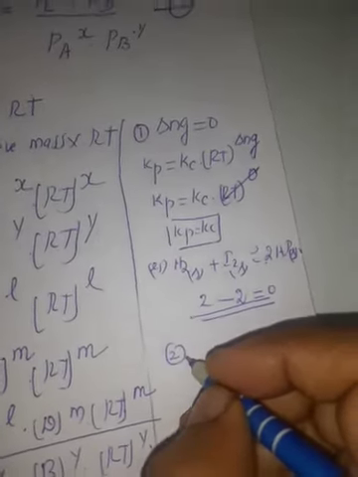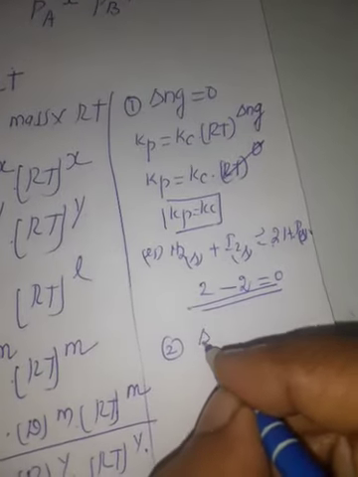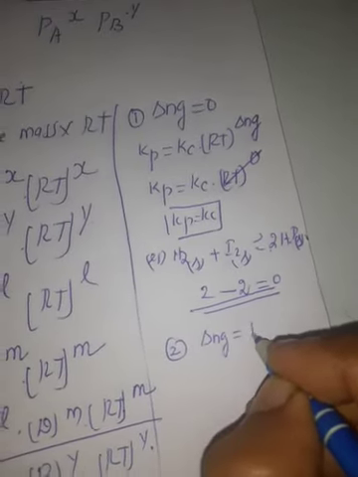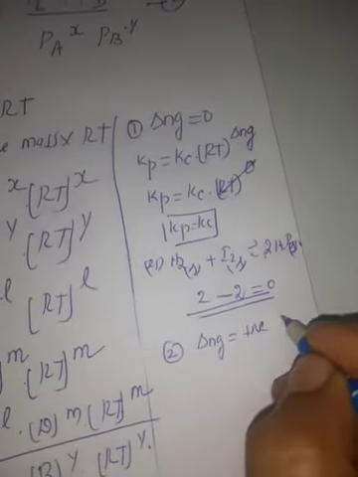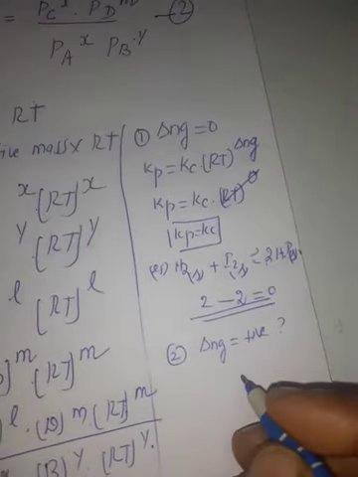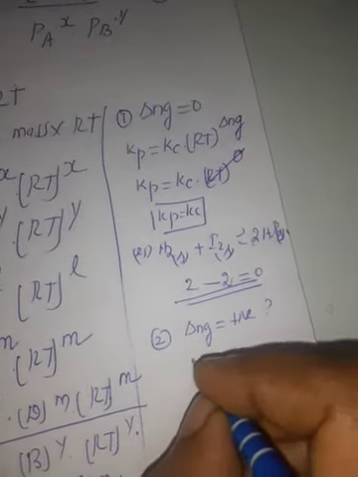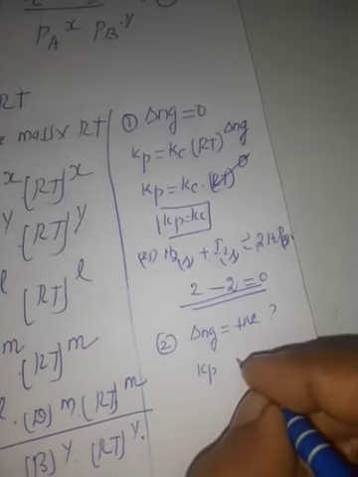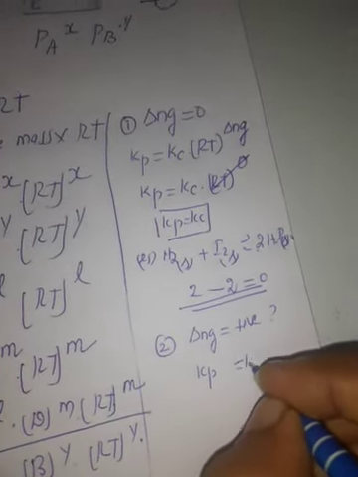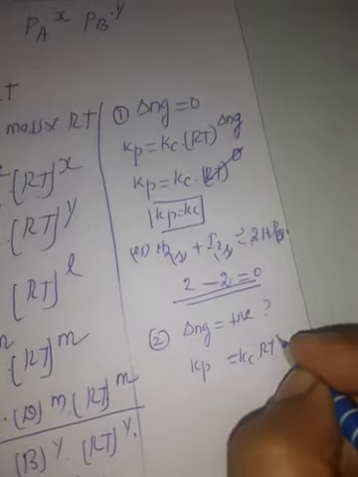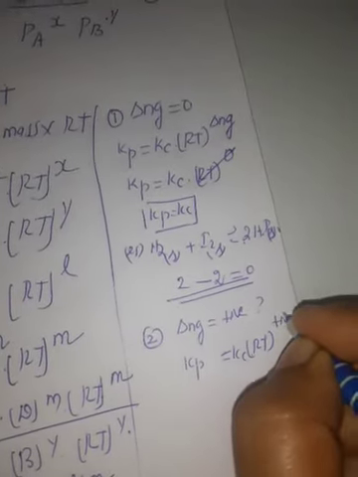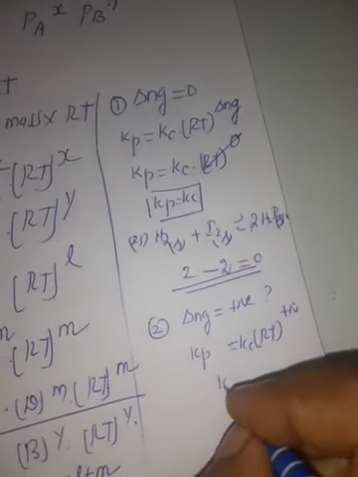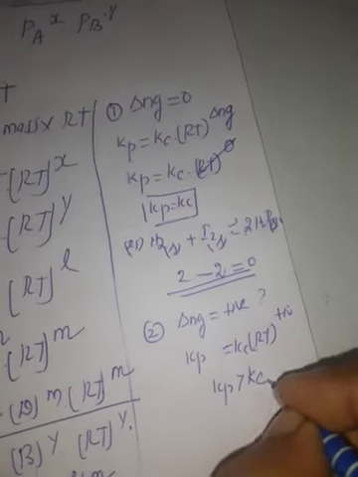Case 2. When delta Ng becomes positive, what happens? Kp is equal to Kc into (RT) power a positive value. If you are getting this, that is Kp greater than Kc.